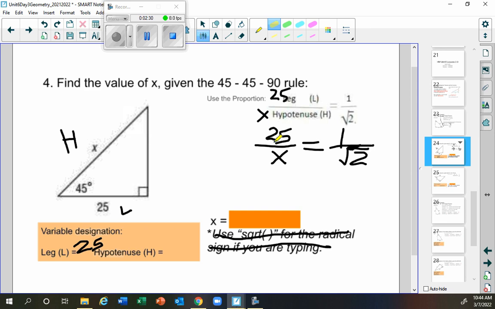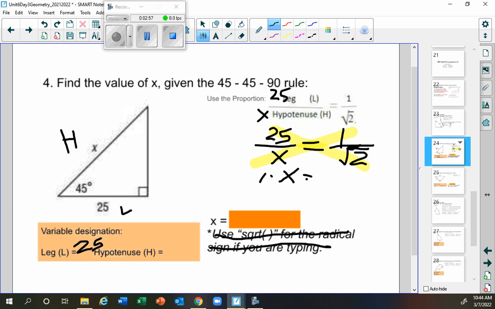If we have a proportion, we need to do what type of multiplication? Across, like 25 times 1? Yeah, you got to multiply 25 times square root of 2, and 1 times X. So it's 1 times X.